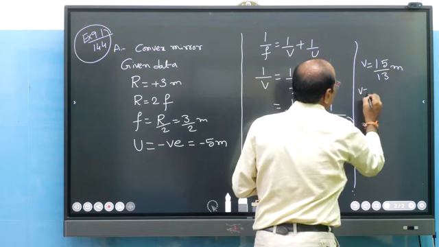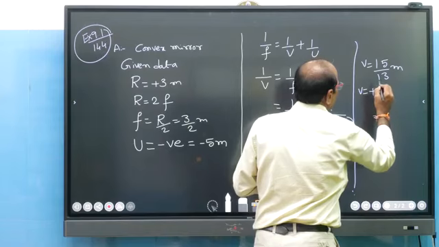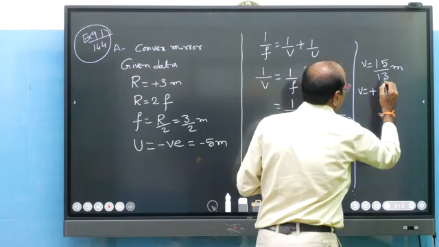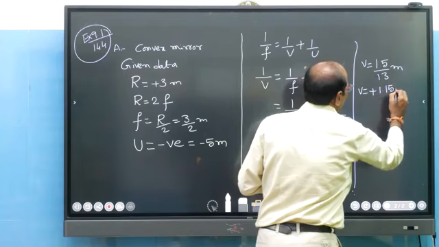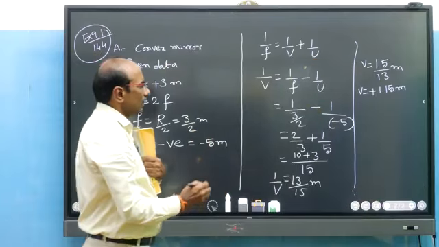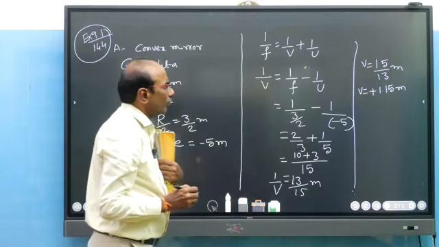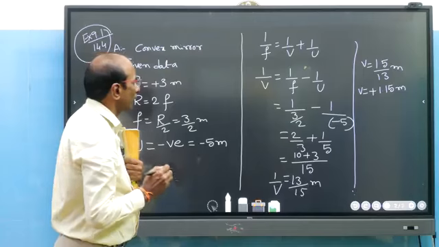So the position of the image is plus 1.15 meter from the pole of the mirror.